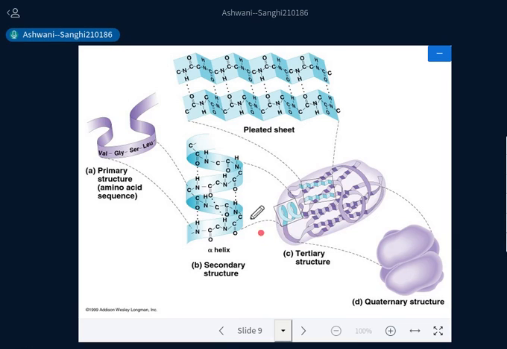On the basis of the nature of the hydrogen bond, secondary structures are of two types.